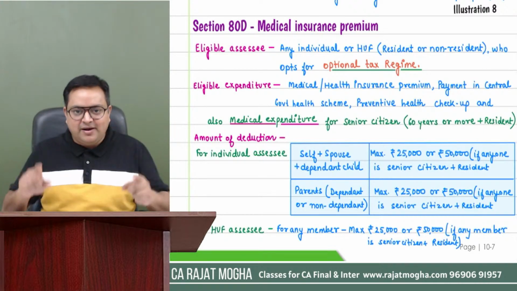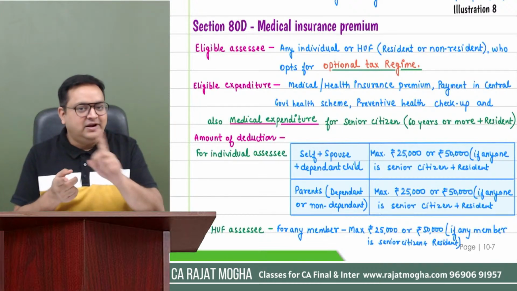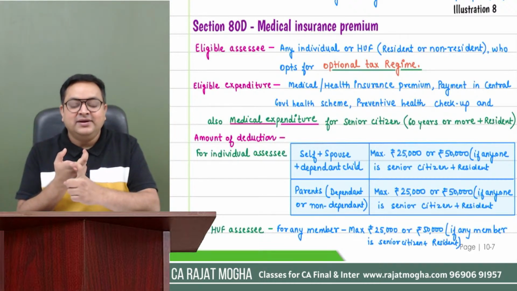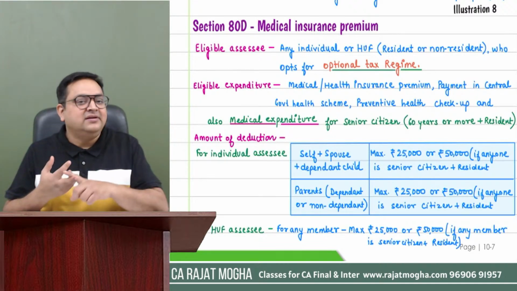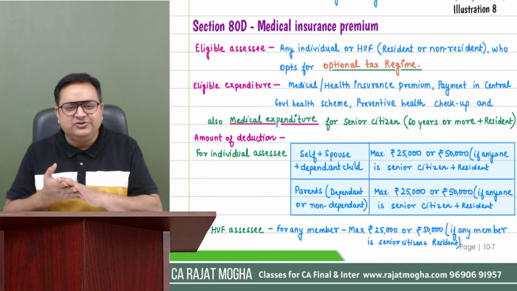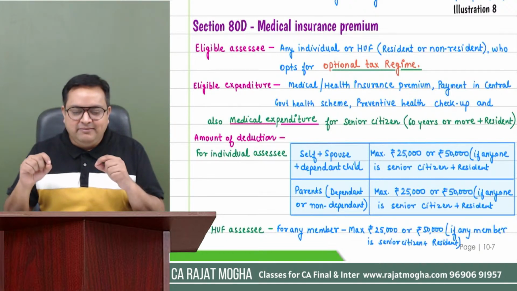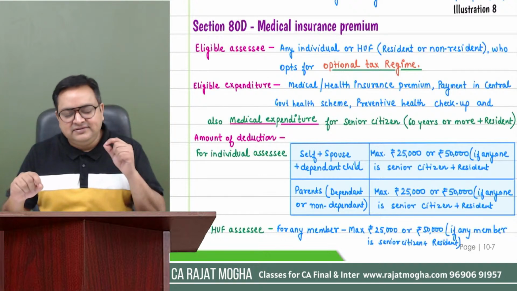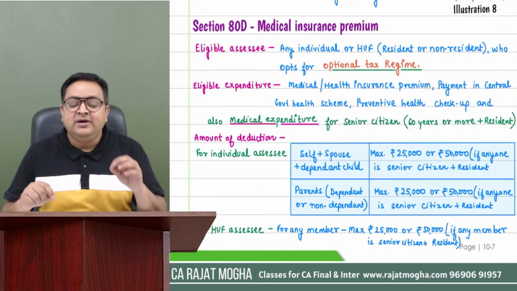So to sum up, 80D says your health insurance, not life. It should be a health insurance premium. And we know that for health insurance, we have different names like accidental insurance policy, Mediclaim policy or health insurance policies. These are one and the same thing. So if the assessee is paying premium for these health insurance policies, accidental, medical insurance, or by any other name, then it is allowed.